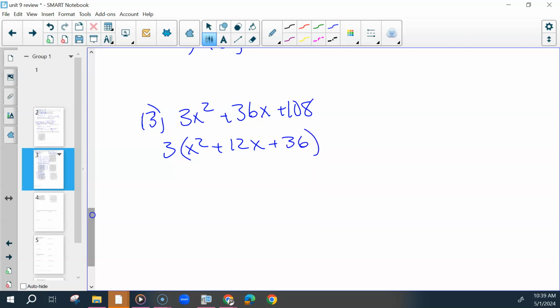Then, once you have this, nothing in front of the x squared, that's your true to life A=1. You're looking for two numbers that multiply to be 36 and add to be 12. 6 and 6 would work. So you'll have two factors, x plus 6 and x plus 6. Other questions in 9.5?